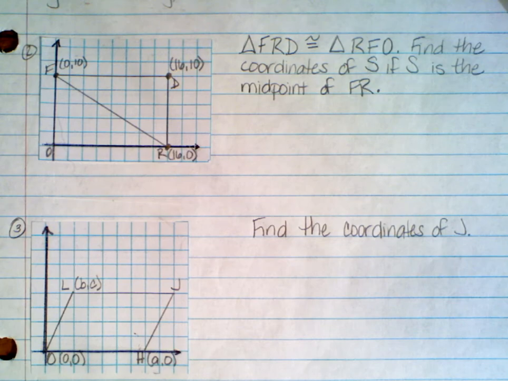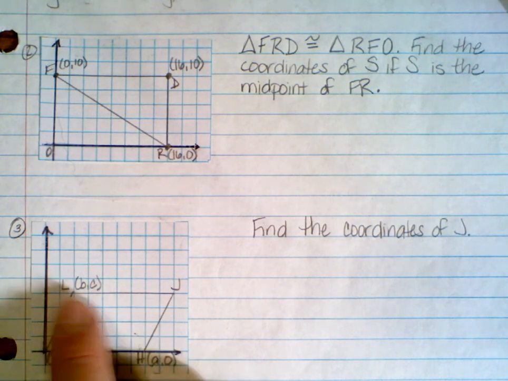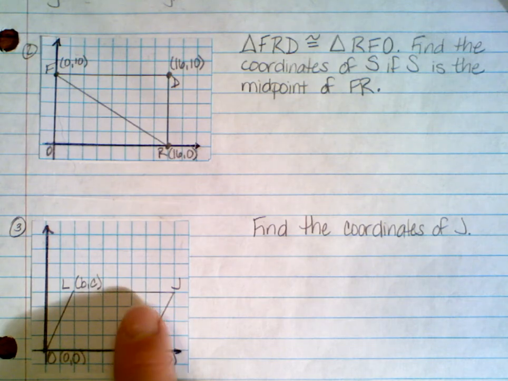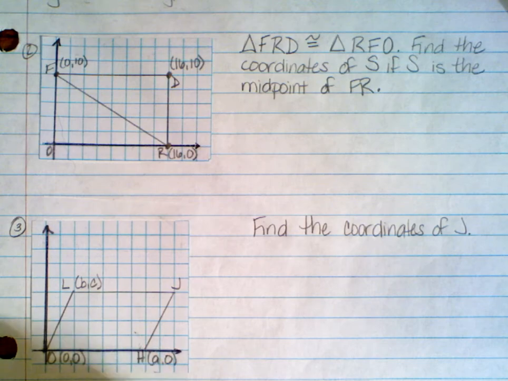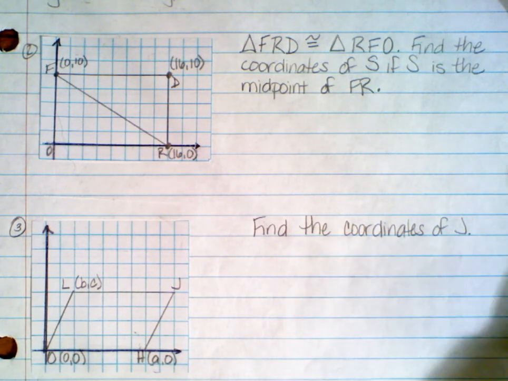If I look, I have a parallelogram. That should be pretty easy to identify because my x-axis is parallel to this line LJ here. And if we look at the slope of LO and JH, we notice that those slopes are the same as well, so those two are parallel.